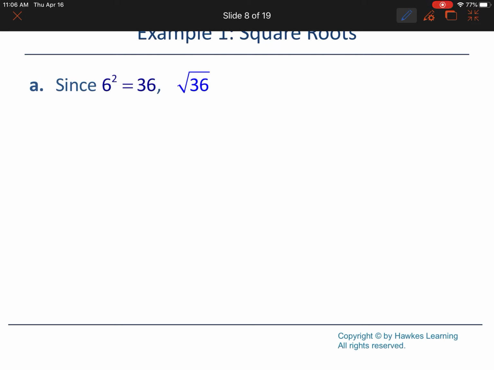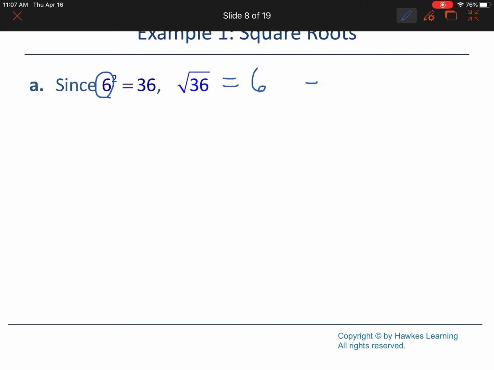Okay, so 6 squared is 36. So that means that the square root of 36 is equal to, what do you think? Write it down. It's 6. It's a positive 6. And that comes from right here, right?